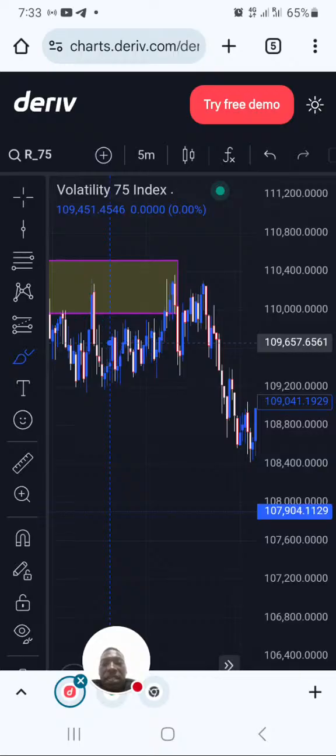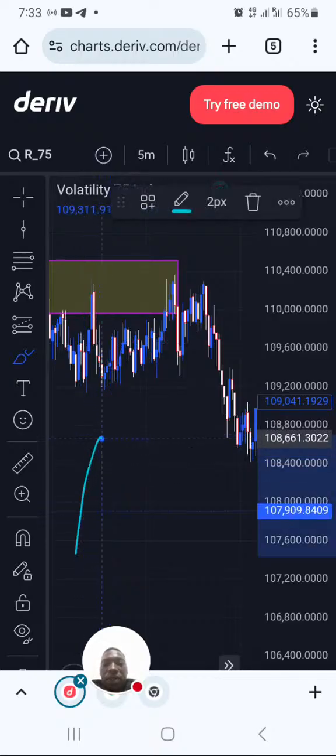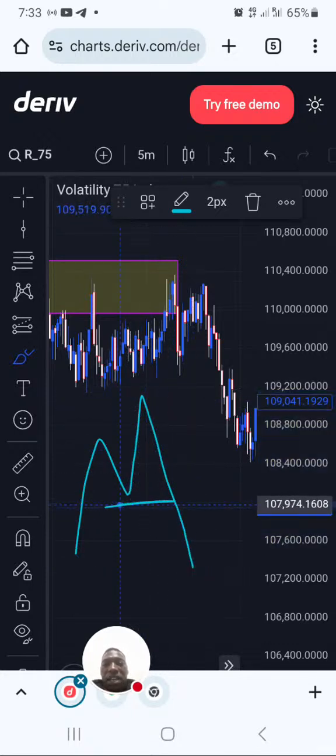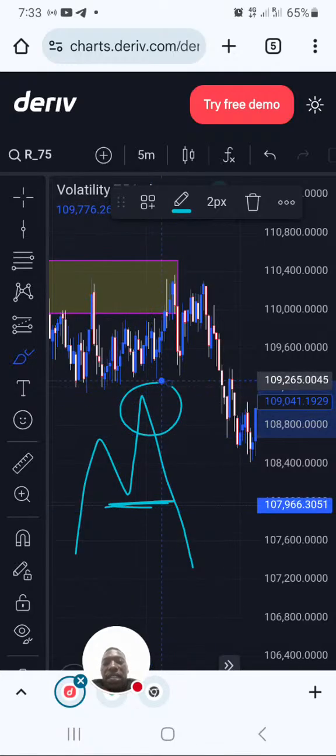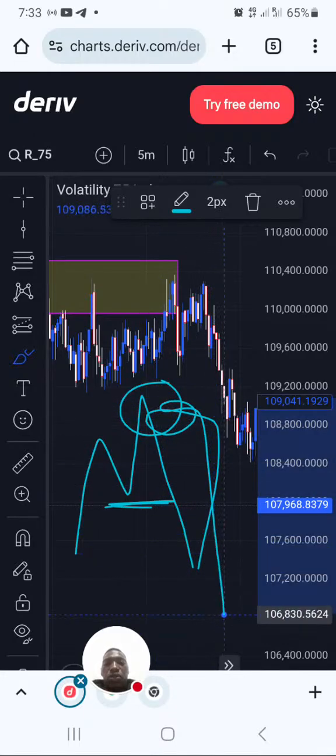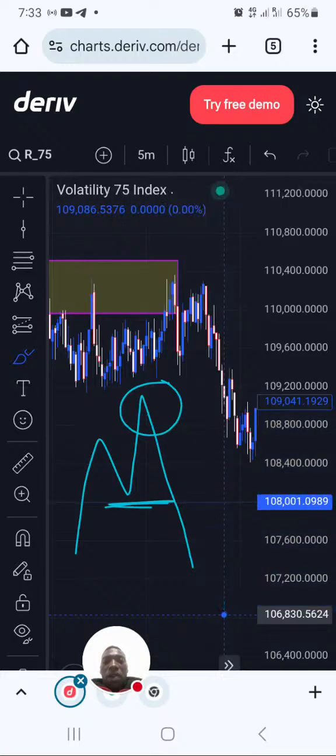We wait for the market to move up, come down, move up, come and break this structure here. After breaking the structure, we identify the order block exactly there. We wait for the market to come and mitigate that order block, and then we continue down. That is what we look for before we execute. Then, after the market comes to our order block, let me do it like this.